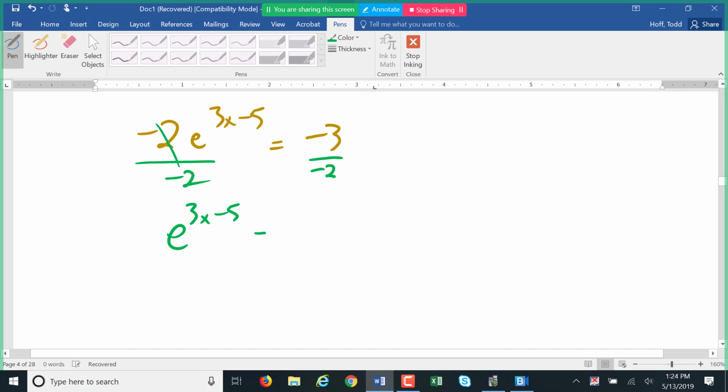E to the 3x minus 5 equals 1.5. And then, what's that? Natural log. Very good.